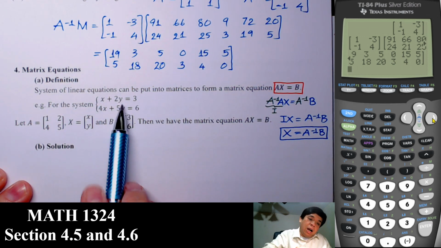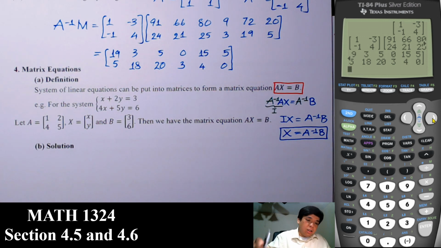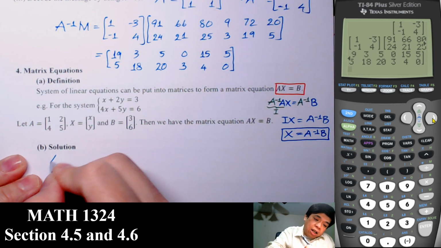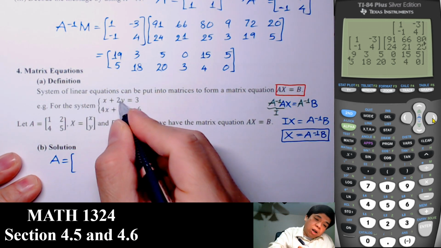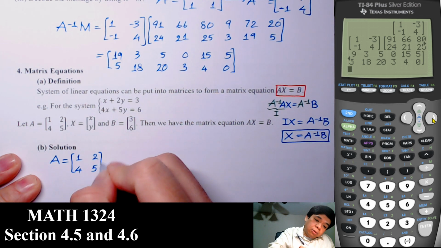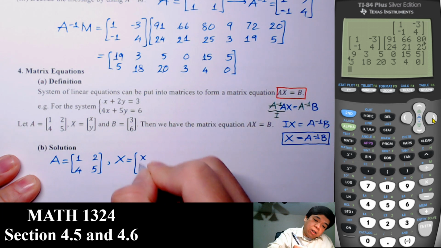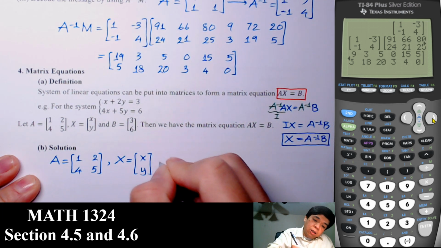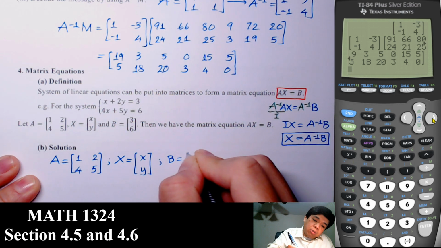Now I will set up the matrix equation. First we find the matrix. Let A be the matrix of all of the coefficients 1, 2, 4, and 5. Then we let X be the matrix of variables X and Y. And then B is the matrix of 3 and 6.